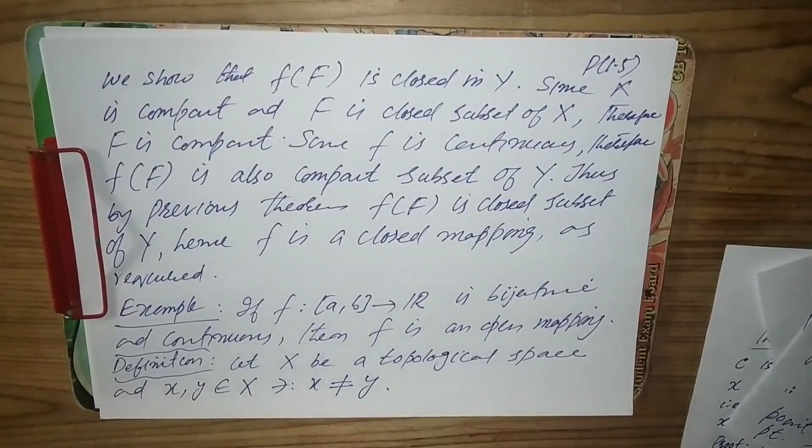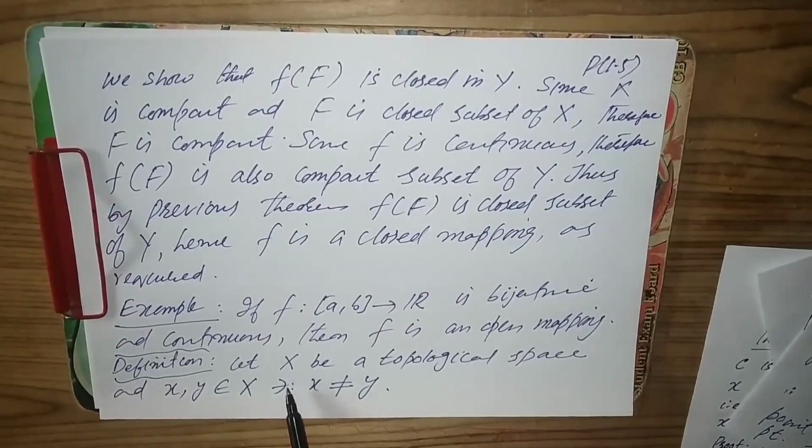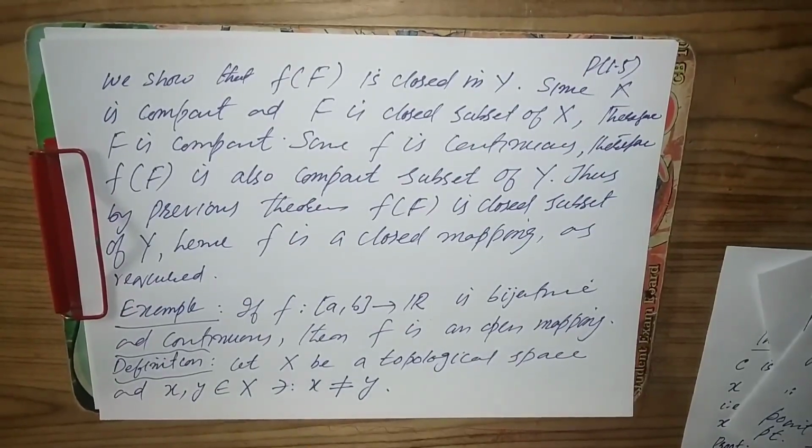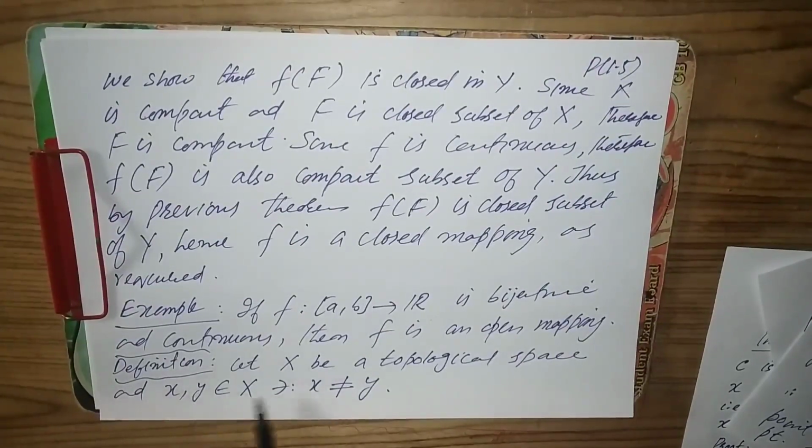They are two distinct points of the topological space X. If there exists a continuous map f from X to R such that f of x is not equal to f of y, then we say x and y are separated by the continuous map f.